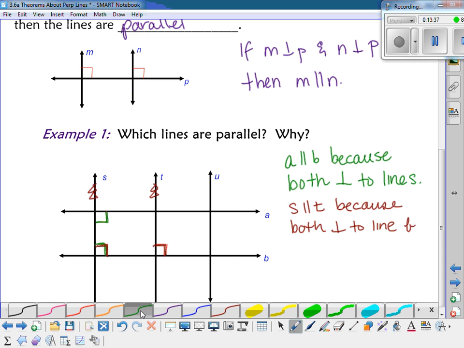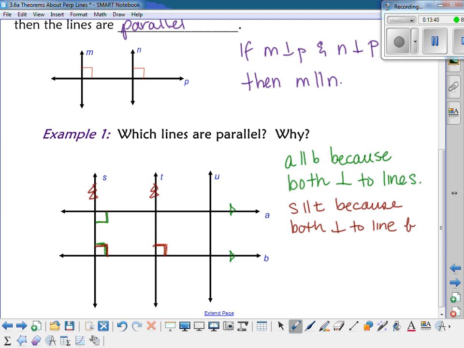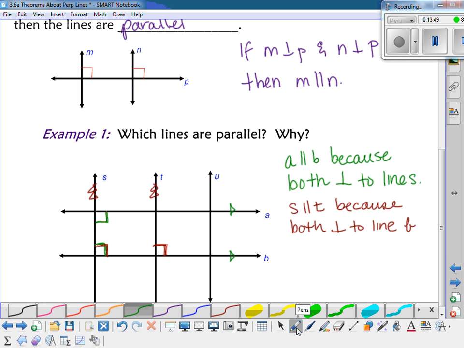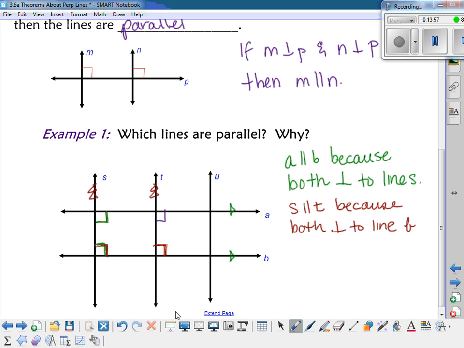And these are parallel. So now that I've said that S and T are parallel to each other, I know that T is also going to be perpendicular to A, because I said A and B were parallel, and because B is perpendicular to T.